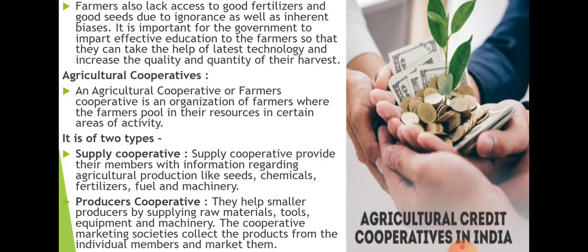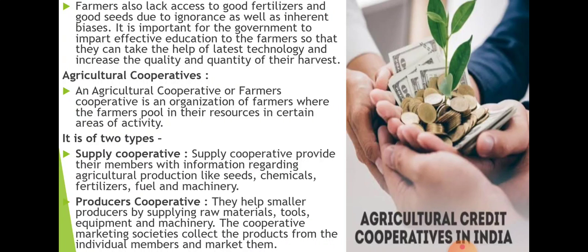And after getting the benefit, they return the money they lent from the cooperative societies. Now this is the work of the cooperative society, where the farmers are helped by them without facing any problem.